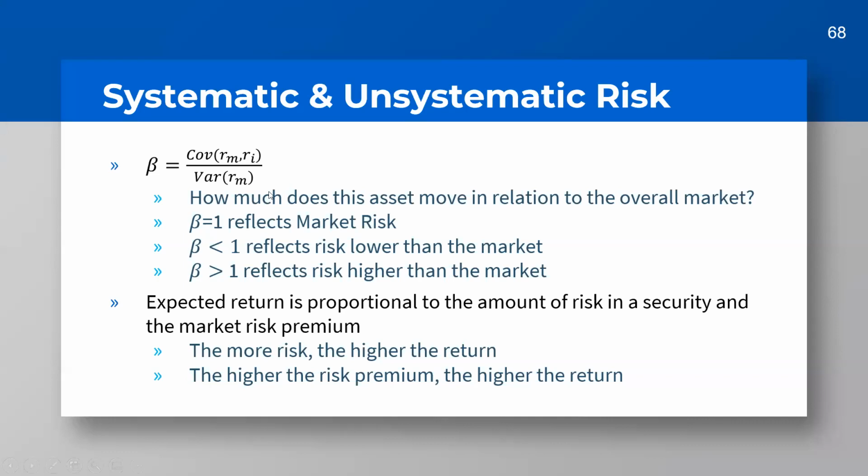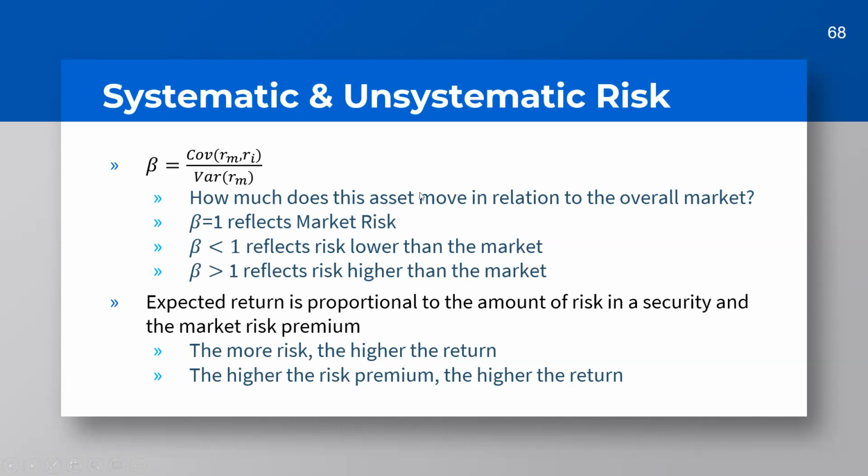All right. So again, important things to keep in mind here with beta: if we have a beta equal to 1, that just means that it's reflective of overall market risk. Less than 1, you're dealing with a security that has less risk than the overall market, so its expected return is going to be lower than the expected return on the market. A beta greater than 1 suggests that the security has a higher amount of risk. Investors are going to have to be compensated.